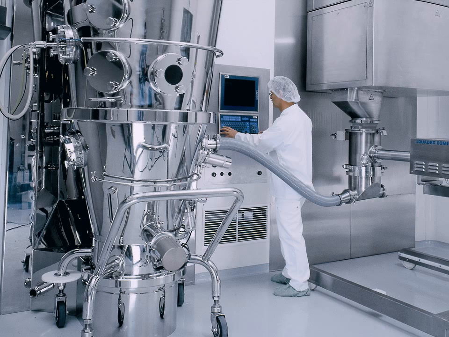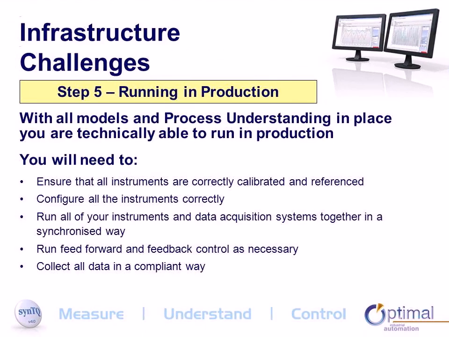You need to be able to configure the instruments correctly for each production run and have assurance that those configurations are in place. You need to be able to run all of your instruments and data acquisition systems in a synchronized way specific for that product. You need to be able to run feed forward and feedback control as necessary, and you need to collect all the data in a compliant way.